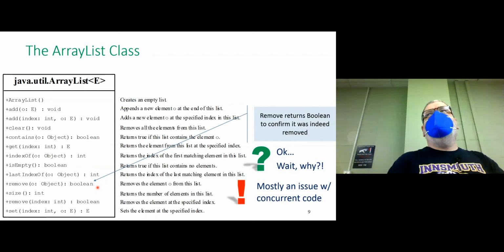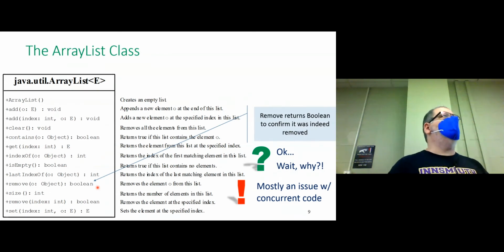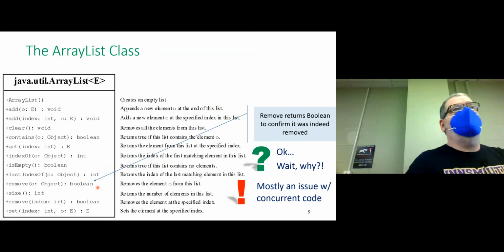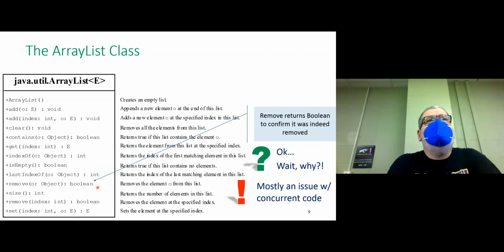This makes programming a lot harder than what we are doing here in COP2512 and COP2513. You'll have time to get into that later, but the bottom line is that under those circumstances, sometimes you try to remove something and somebody cuts you to it. Somebody, meaning another thread, removes the item while you were in the process of removing it, or you thought you were in the process of removing it.